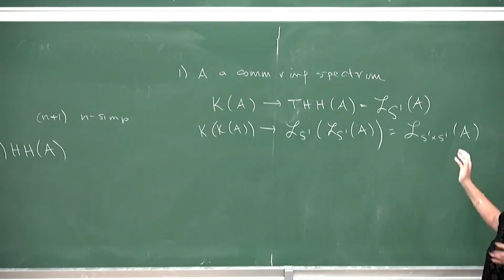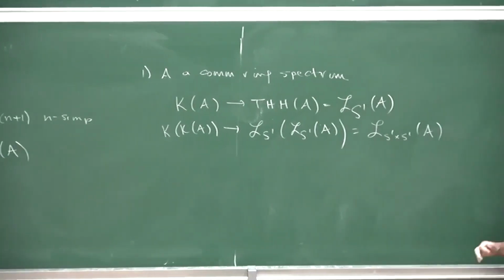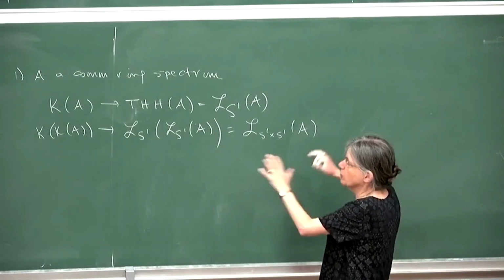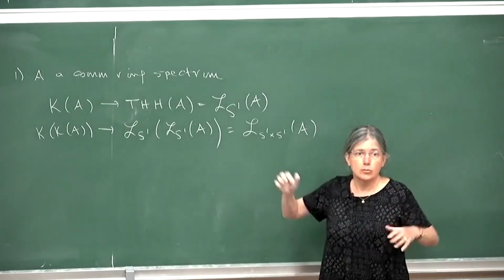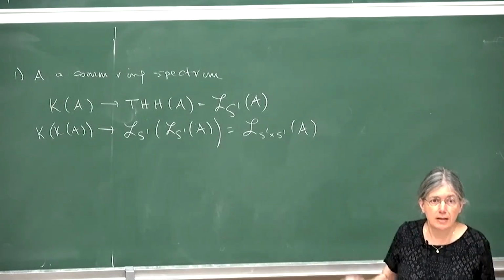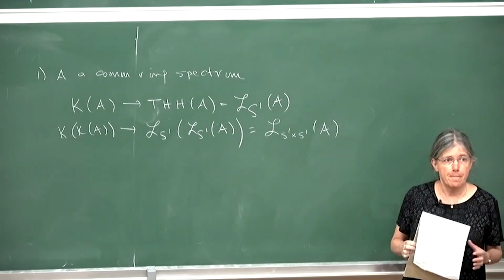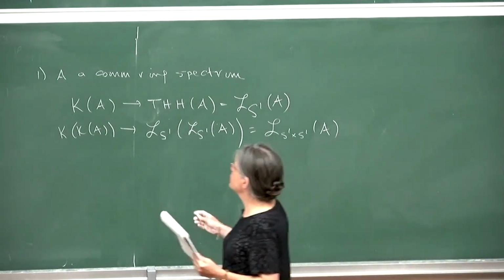And there's the hope of learning, and there's work of Dundas and Carlson and Brun on this. So there's hope that you can learn about redshift phenomena in both traces. This is a connection between the Loday construction over tori and something we're interested in.